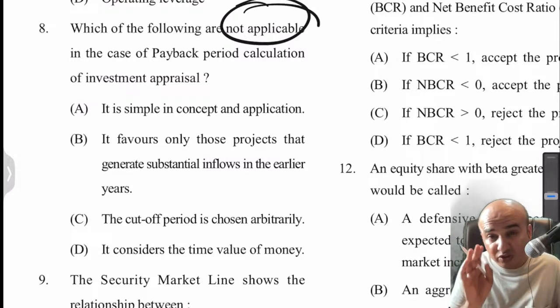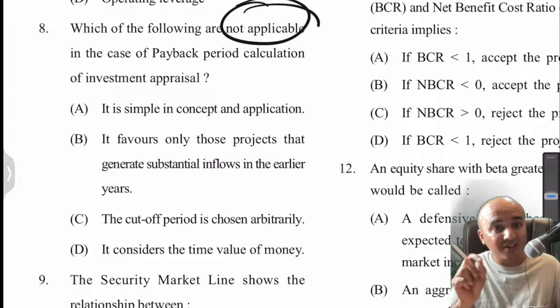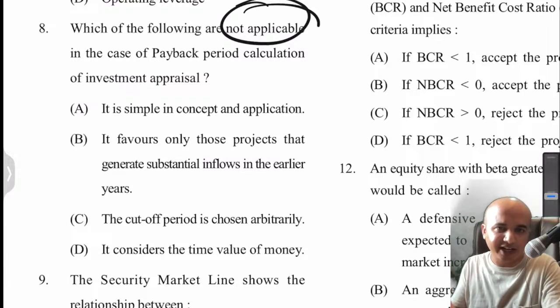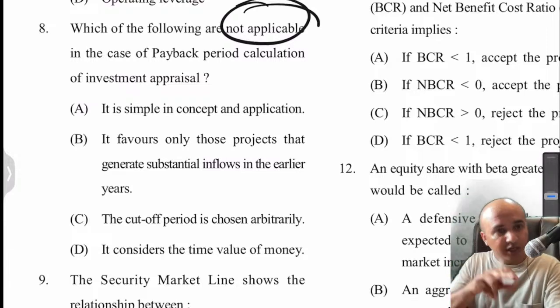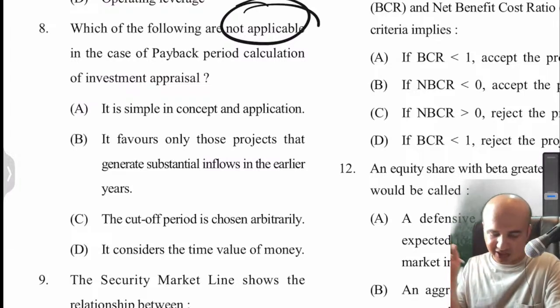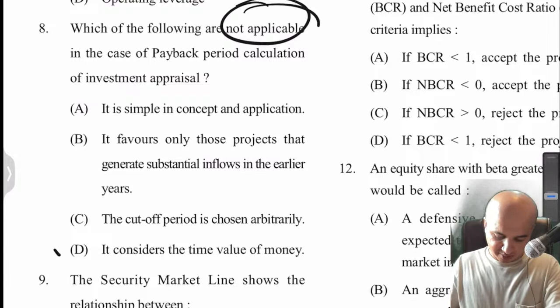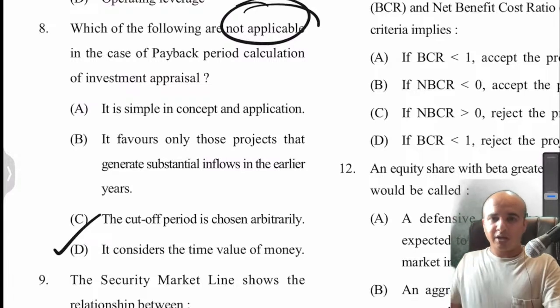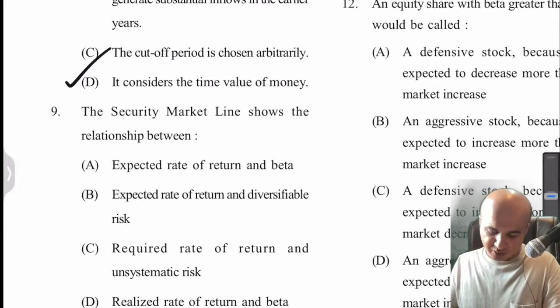It only focuses, like we saw in the example, on the cash flows generated by the investment, and it determines the time it takes for these cash flows to equal or exceed the initial investment. That's all. So therefore option D is in fact the right option. Let's move on to the next one.